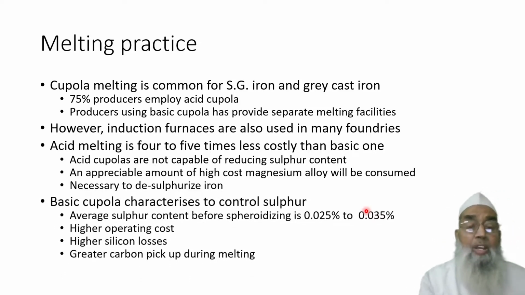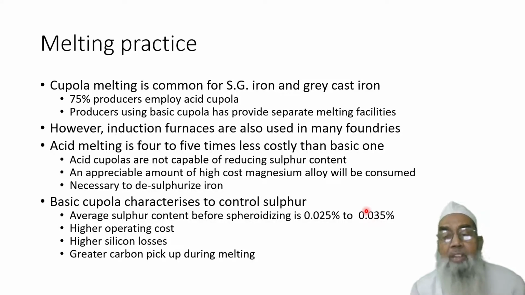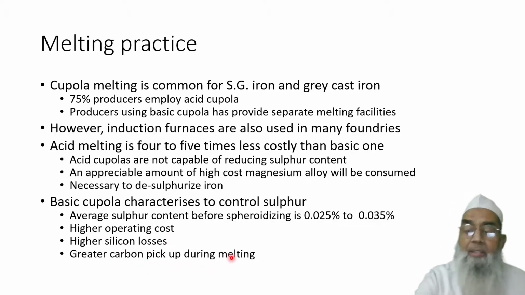Now, basic cupola has the characteristic to control sulfur. Therefore, average sulfur content before spheroidizing is 0.025% to 0.03%, but there is higher operating cost, higher silicon losses, and greater carbon pickup during melting.